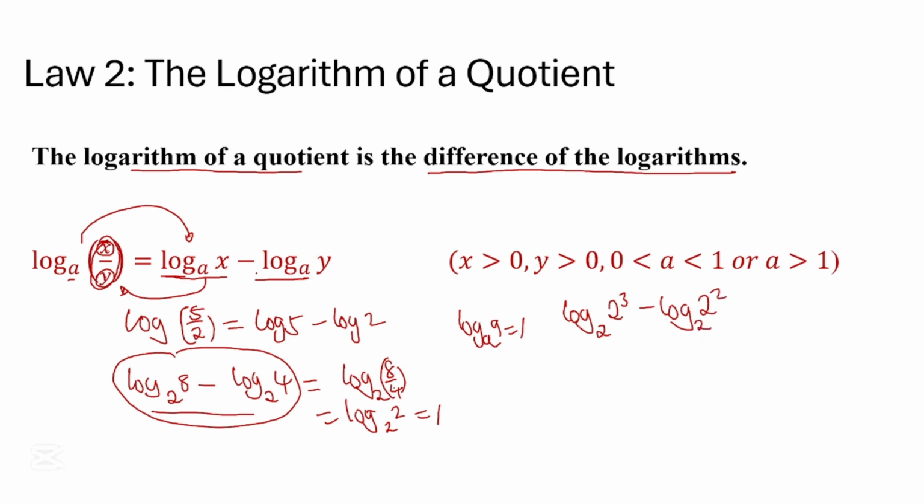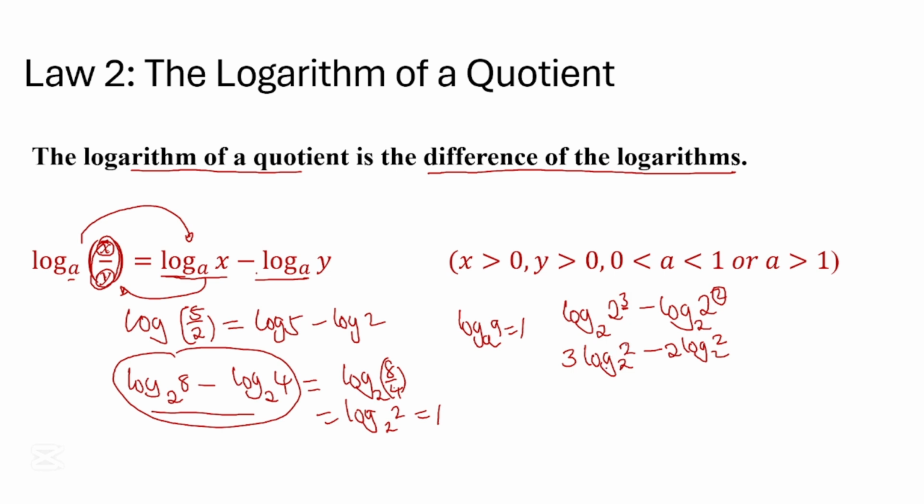I'm going to show you in the next tutorial. The logarithm of a power is the product of the exponent and the logarithm. So here the exponent is 3, so it will be 3 times logarithm 2 to base 2 minus the exponent here is 2, it's going to be 2 times logarithm of 2 to base 2. But we're going to deal with this in the next tutorial.